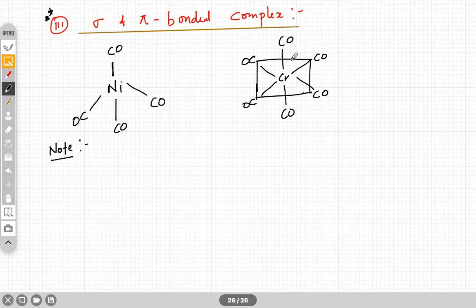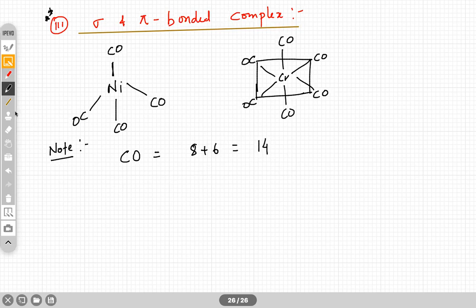So you see how it happens. First of all, you see this carbonyl group CO. How many electrons it has? 8 plus 6, we have 14 electrons, right?